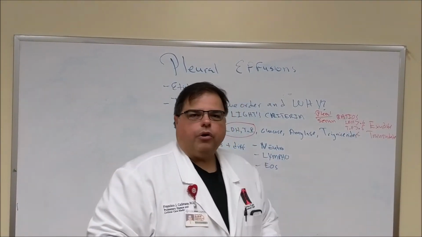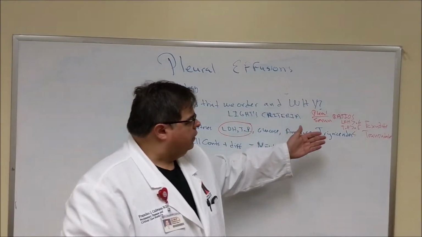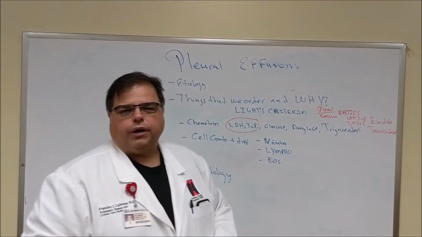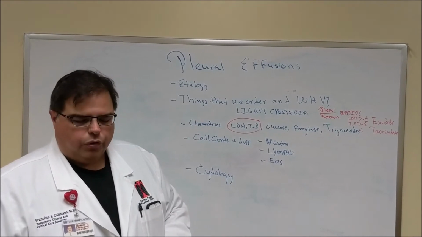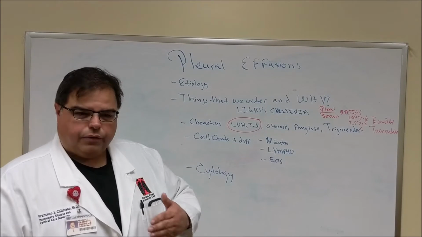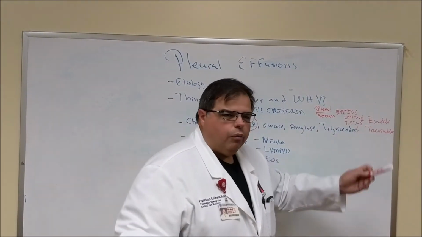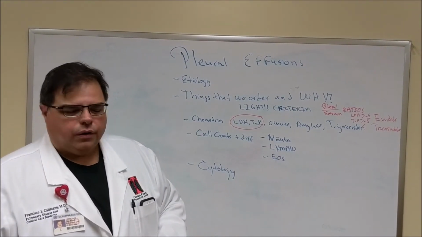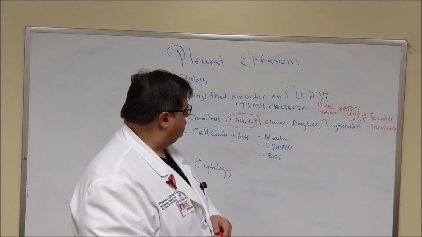Exudative effusions are the more complex ones, related to infections, malignancy, and some other etiologies. Transudates are the most common ones, associated with congestive heart failure and hepatic hydrothorax, which is fluid building up in the belly and coming into the chest because of negative pressure, positive pressure. Also, one less common is urinothorax, which is urine forming in the belly because of obstructive uropathy going into the chest.